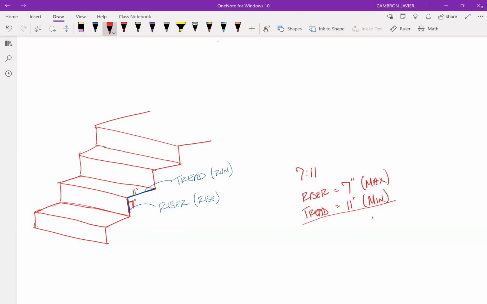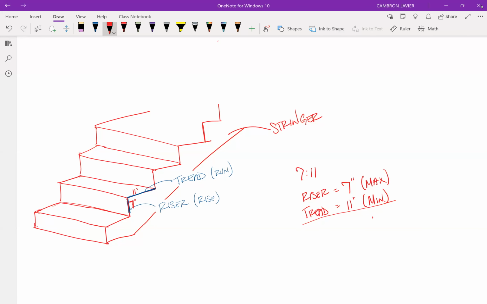The other thing is our stringer. Okay. There's a term called the stringer, and the stringer, if we were to continue this, is essentially the structure, the support. Depending on how you create your staircase, if it's a wood construction, you're going to have a wood stringer.